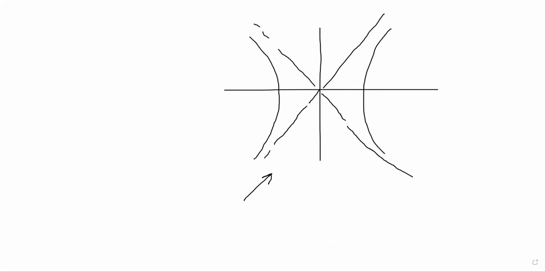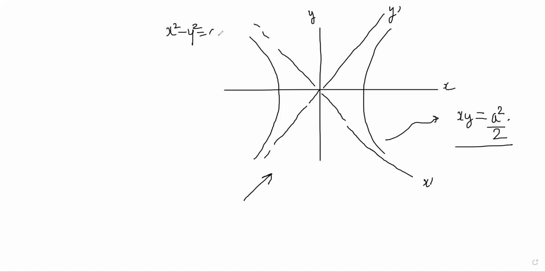Your y dash is this and x dash is this, then your hyperbola equation is transformed and looks like xy is equal to a square by 2. If you look from here and here, its equation is x square minus y square is equal to a square, correct? So that is the thing. It is just a simple rotation.